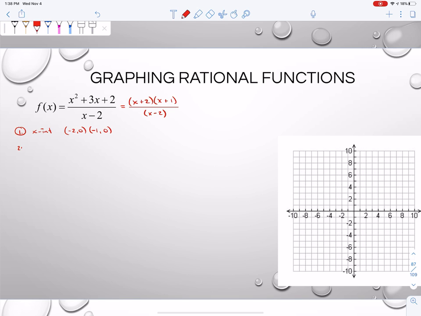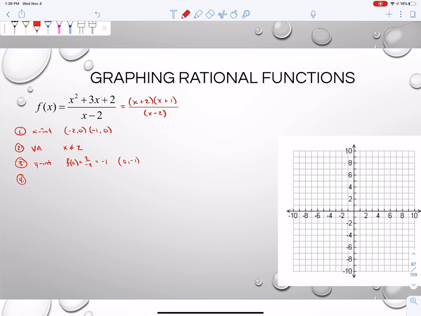I'm going to have a vertical asymptote at x equals 2, so x cannot equal 2. My y-intercept is going to be 2 over -2, or -1, so 0, -1.